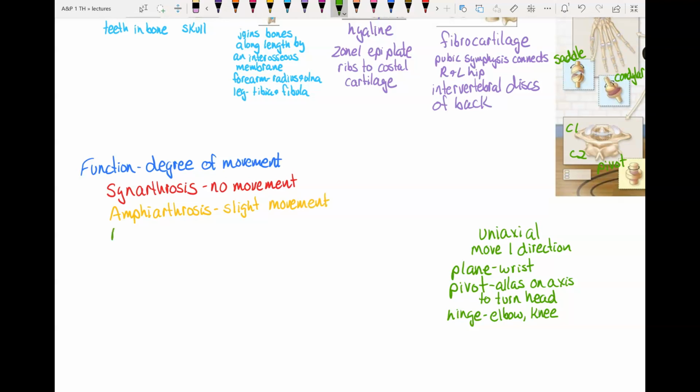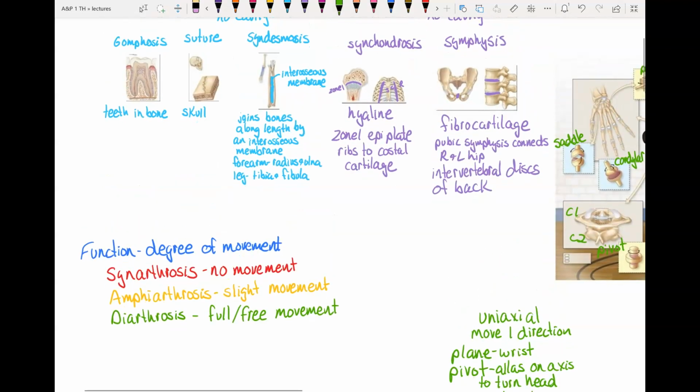Then we have diarthrosis. Diarthrosis has full movement, or it can sometimes be called freely movable. Okay, and notice the colors I used, red, yellow, green. All right, red for no movement, stop, yellow for some movement, and green for go ahead and have full movement.